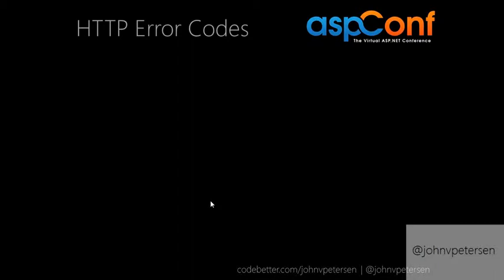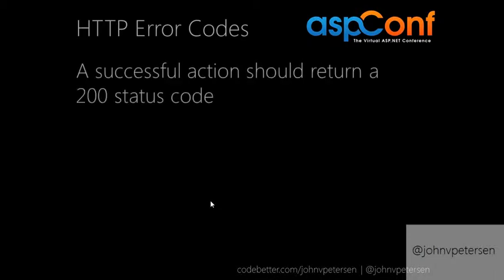Now, as I said before, the heart of the Web API is that it's REST and it's HTTP. So again, there's a lot of definition already out there. Another reason why you'd want to expose your data using a RESTful API is that you're leveraging a protocol that already has some very defined rules. So for example, if it was a successful action, then it should return a 200 status code.